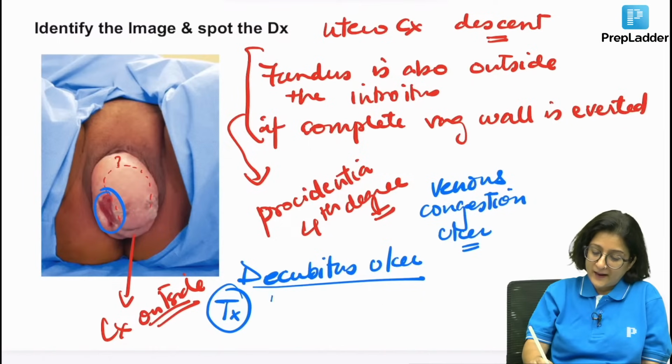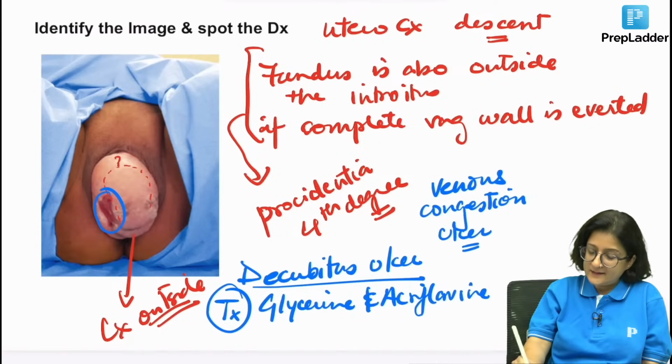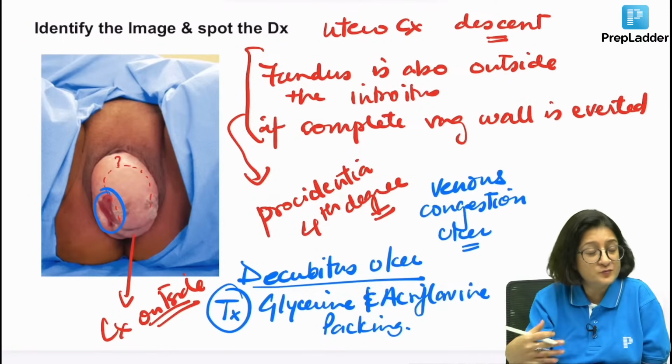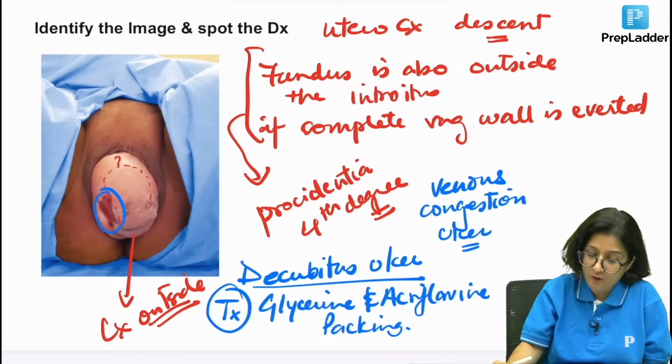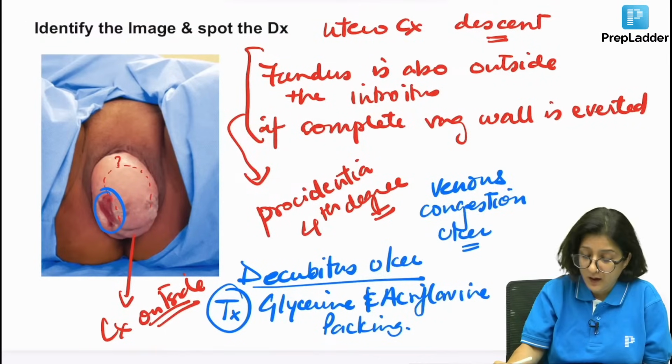How? By glycerin and acriflavin packing, which may be needed for weeks to even months. So this has to be done first before doing any definitive surgical procedure for the patient.